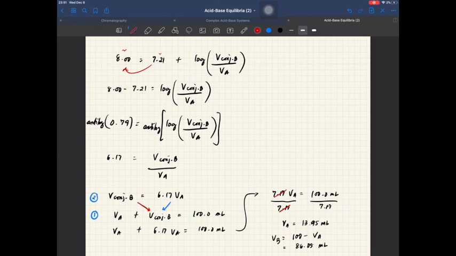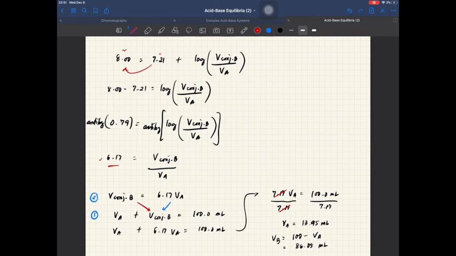Take the antilog to remove the logarithmic function, so we get the antilog of 0.79. Evaluating, we get 6.17, and the logarithmic function is removed.